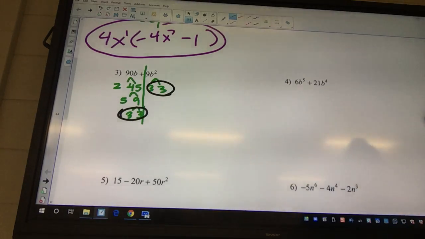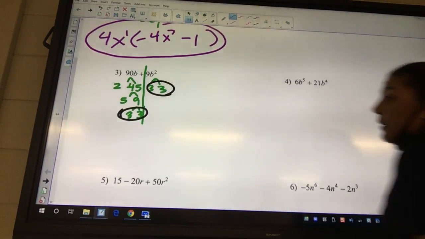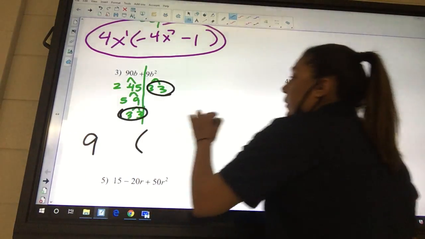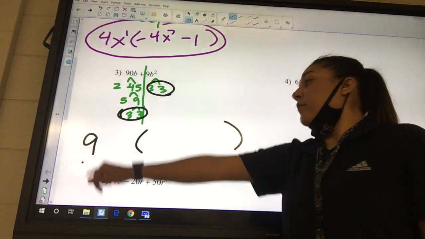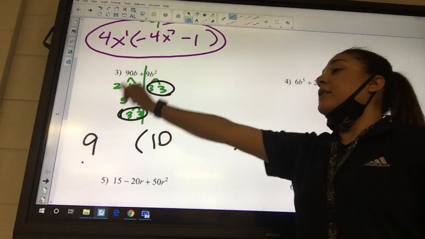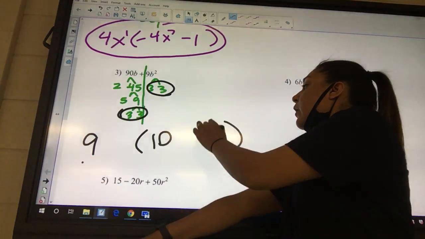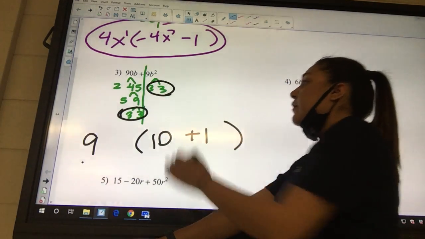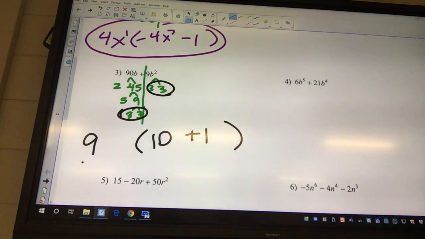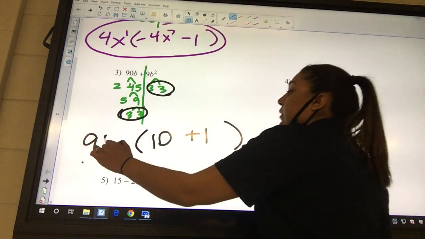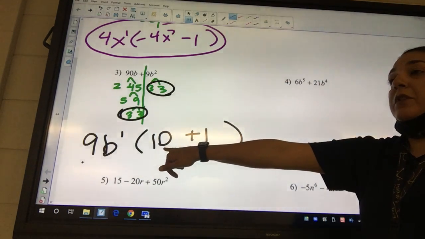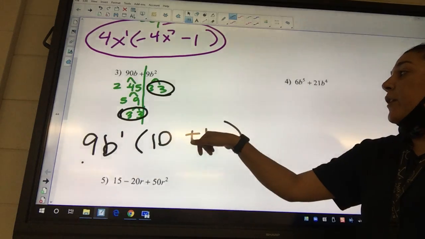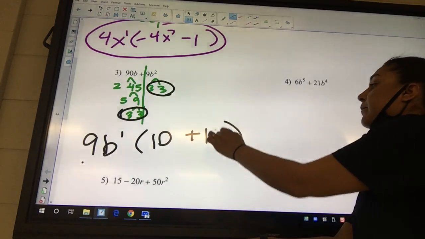So what number is going to go on the outside? A 9. So 90 divided by 9, 10. 9 divided by 9, 1. We keep our signs. And then how many B's can I pull? 1. Okay, so we're going to put B to the 1 out here, or you can just put B. So how many is going to be left for the first guy? None. What about the second guy? 1.